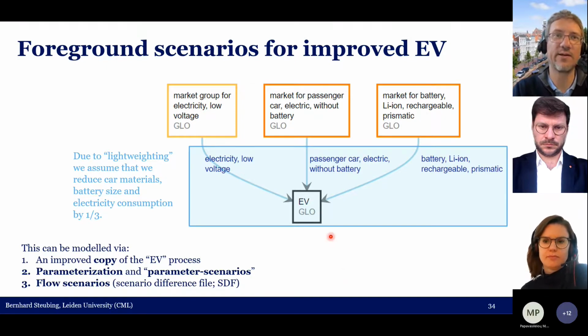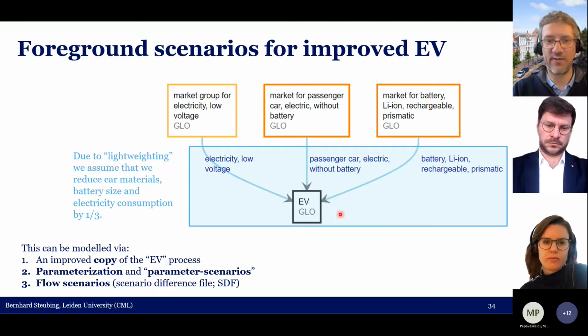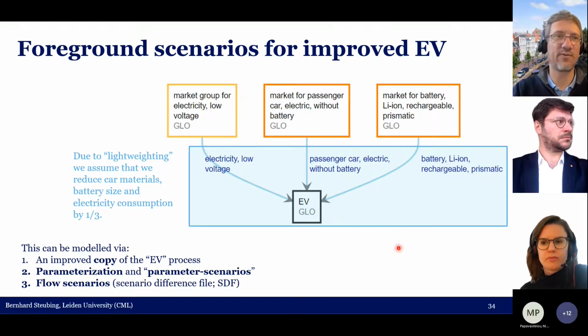So instead of doing this within your LCA software or copying processes, the last option simply outsources that to Excel. You can load that file and you can change these three inputs as many times as you want.